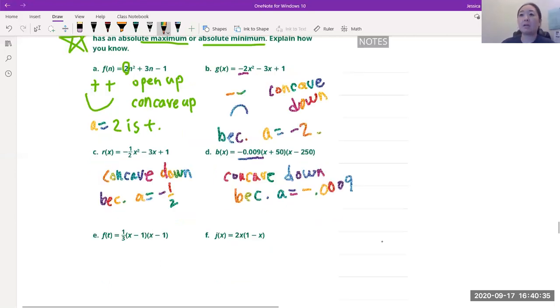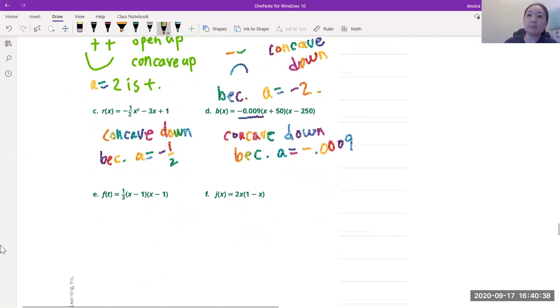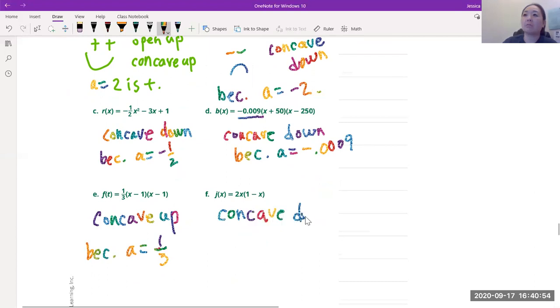Then this is going to be concave up because a is equal to 1/3. And this is going to be concave down because a is equal to 2.